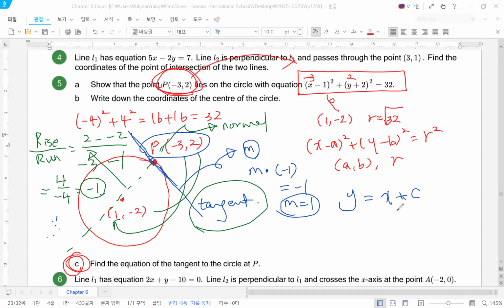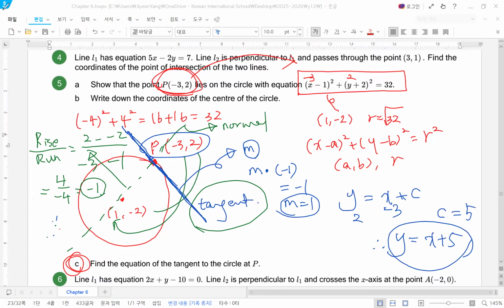Then you can find c by substituting x and y. What is the value of c, students? 5. Therefore, y equals x plus 5. This is the line equation which passes through point P and is a tangent of this circle. Do you understand?